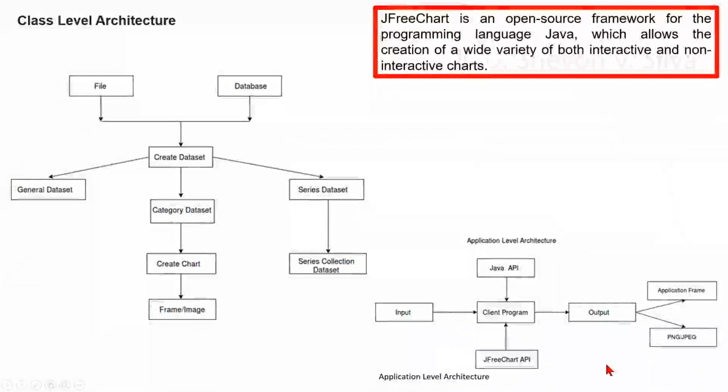Here you can see application level architecture. Application level architecture shows the location of the JFreeChart library in a Java application. Here the user data is received by the client program.